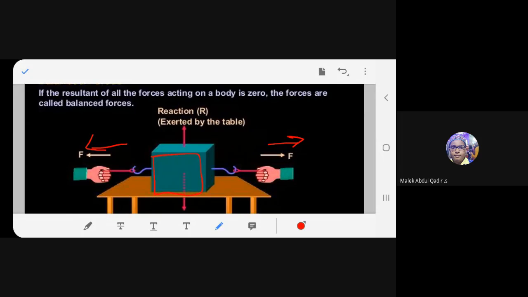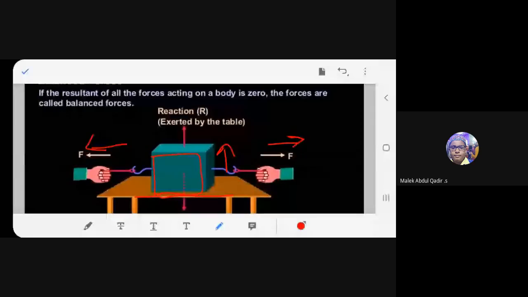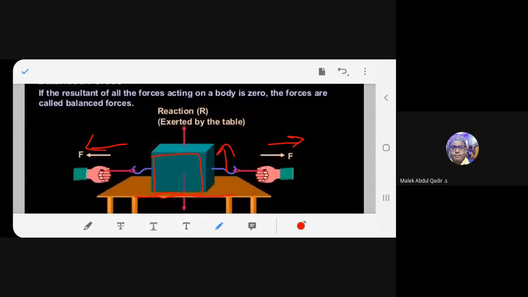The object is on the table, so the table is exerting a certain force on the object. But the object is also being pulled by gravity. So another unseen force is acting on the body. In all, we have four forces acting on an object, so the body does not move. Got my point? The body will remain at its place.